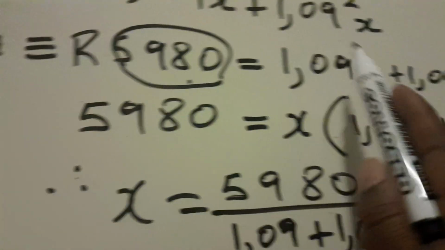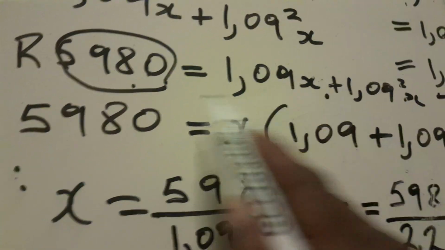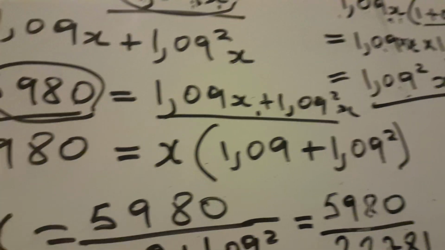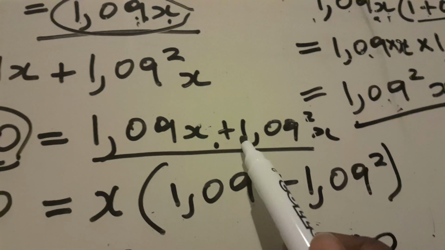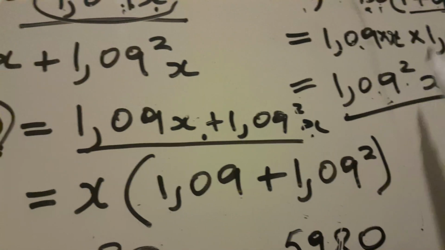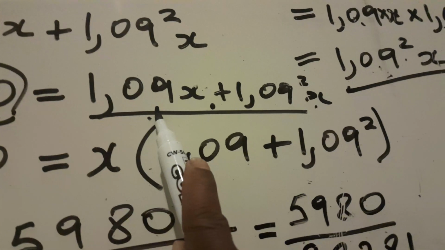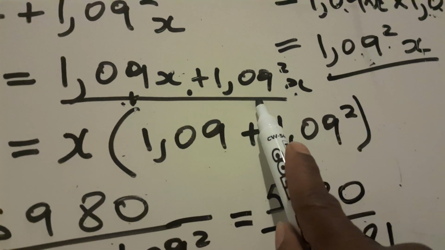So we are looking for the installment. Equate that total from the formula, 1.09x plus 1,09 squared x. These are the compounded amount for the first year and the compounded amount for the second year.